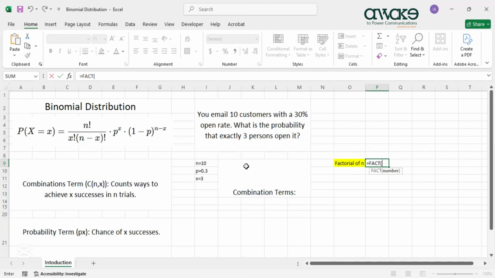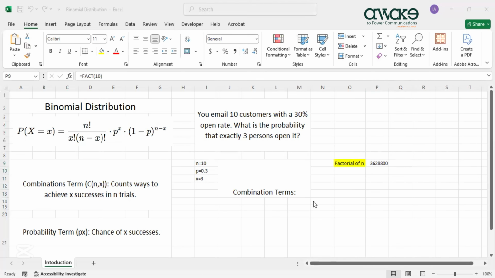If we input 10 and hit enter, we will have the value. That is N factorial, the factorial of 10. And from our question here, you can see that our N is 10, right? And we are looking for the factorial of 10, okay?